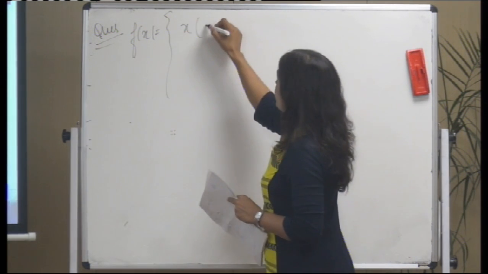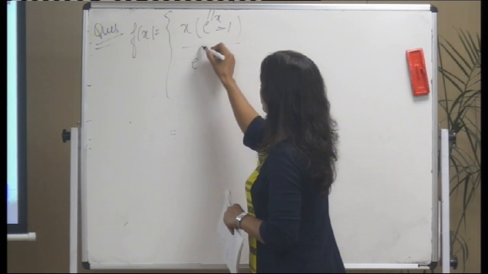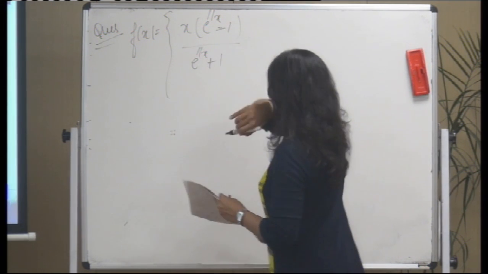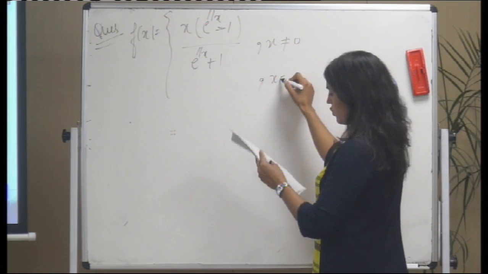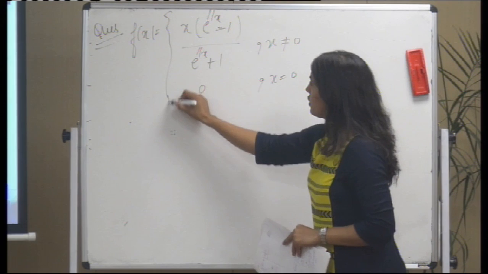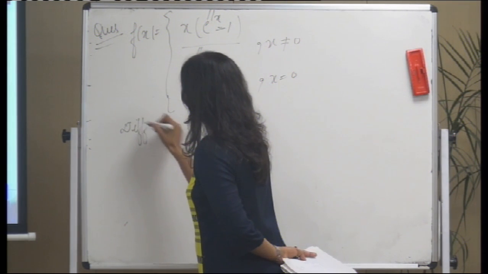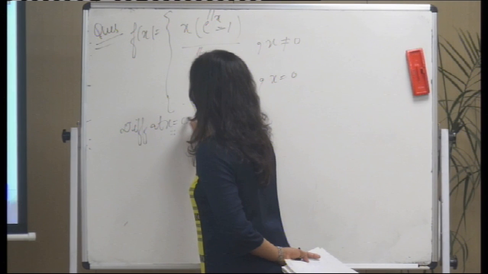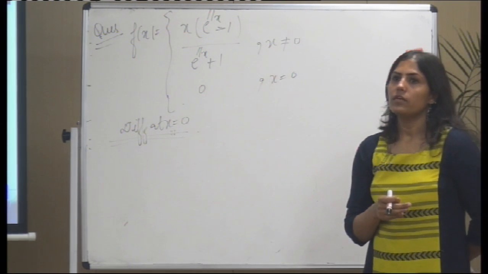Your question is f(x) = x times (e to the power 1 by x minus 1) over (e to the power 1 by x plus 1) for x not equal to 0, and f(x) = 0 for x equal to 0. You have to check differentiability at x equal to 0. Any doubts?